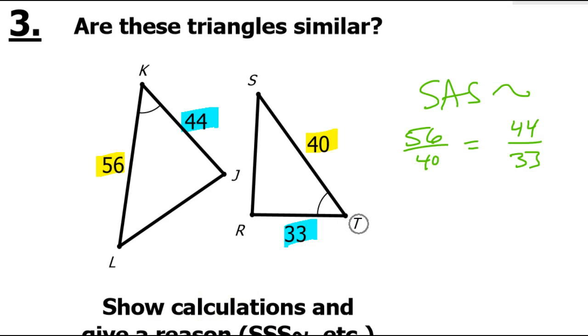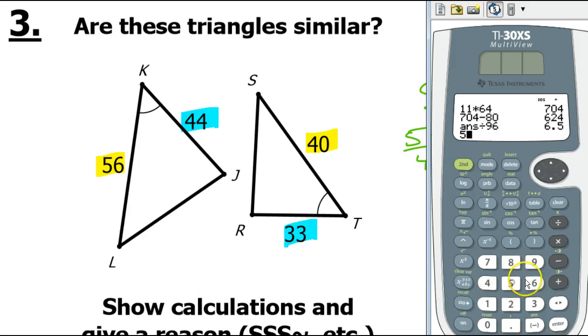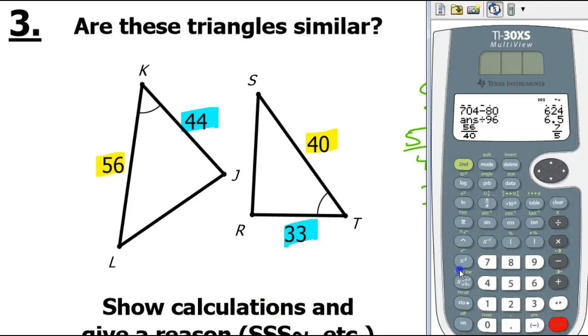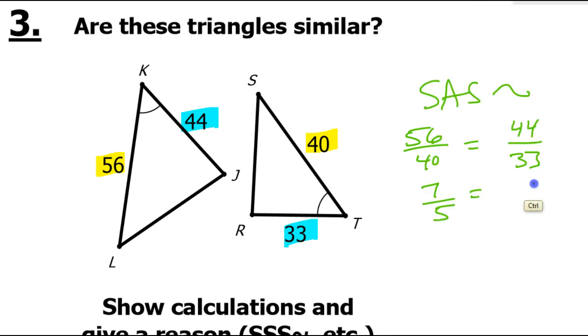Okay, 56 over 40. That's 7/5. Now 44 over 33. That's 4/3.